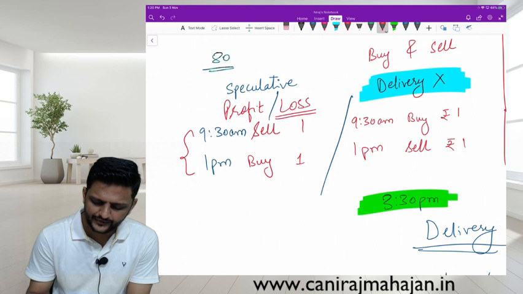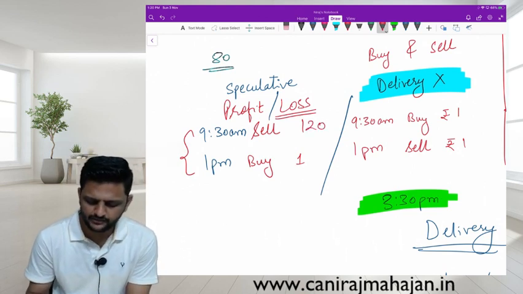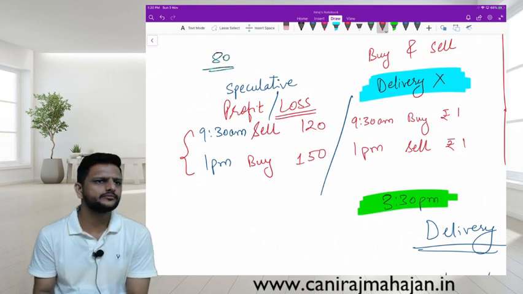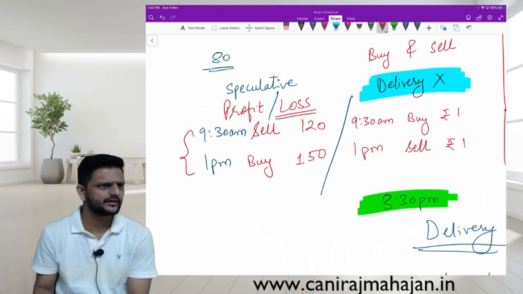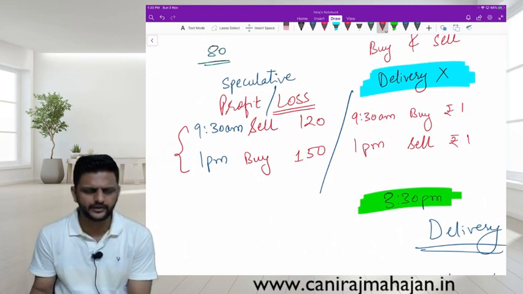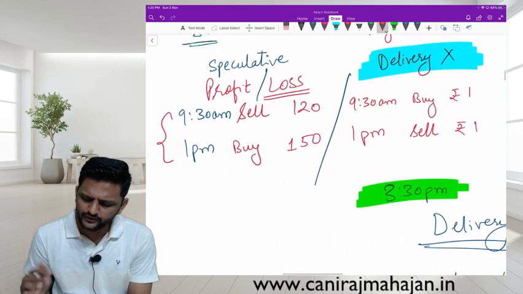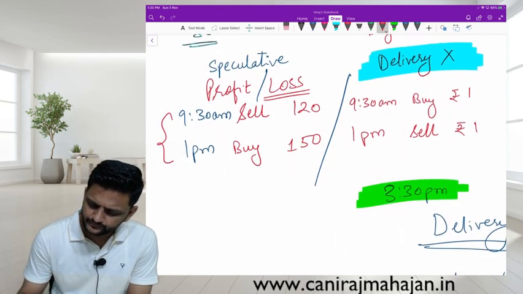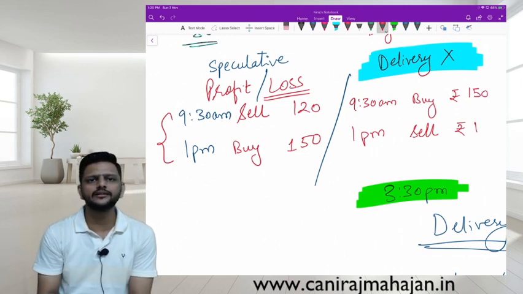He sold at 120, and let us say bought at 150. The buying price is higher than the selling price. Is it clear? The same thing can happen the other way around. Or he bought at 150, thinking that the price will increase.